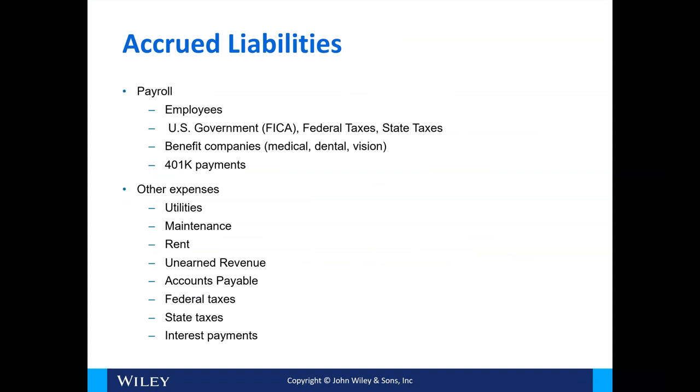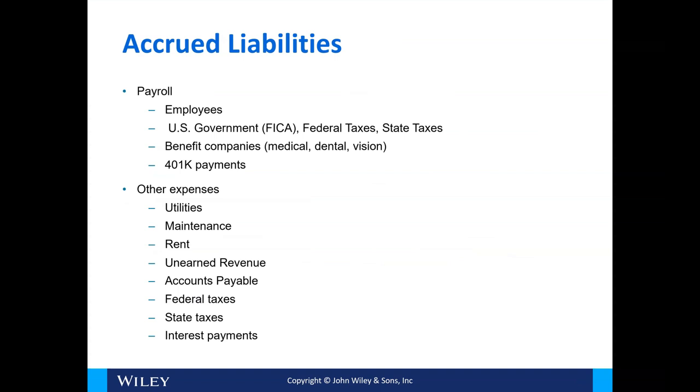Here are accrued liabilities. This is going to be a lot of your current liabilities. And again, accrued liabilities are due to GAAP accounting. We record expenses that we incur, and the payment of these is a separate issue. Payroll for employees, every time an employee works that day, we've created a liability we owe them.